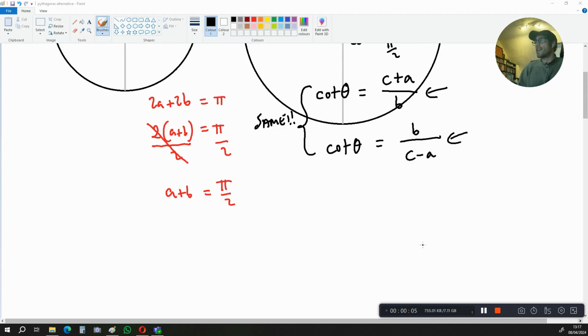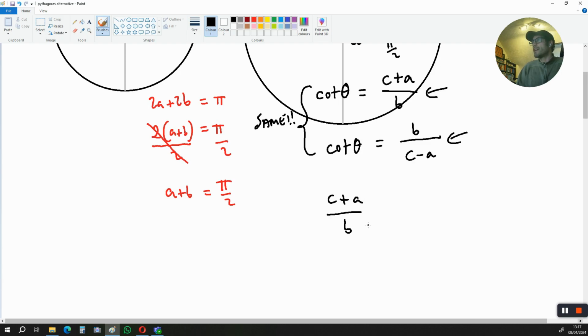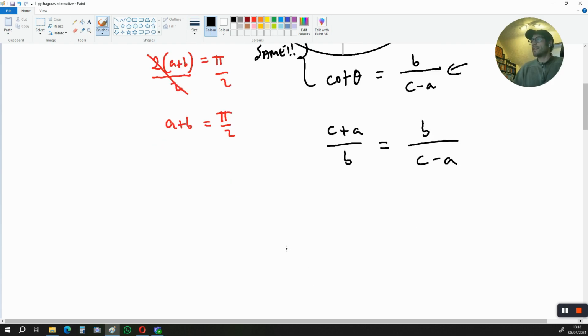We have c plus a over b is equal to b over c minus a. Now this implies that c plus a times c minus a is going to be equal to b squared. Because we multiplied both sides of this equation by c minus a, and then we multiplied both sides of the equation by b, giving us this over here.